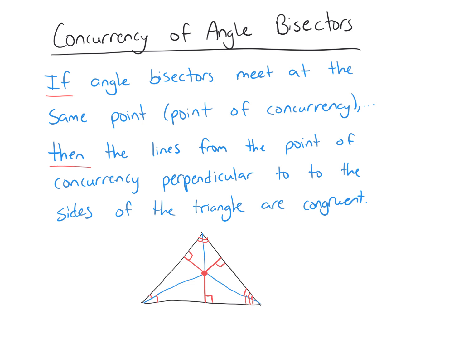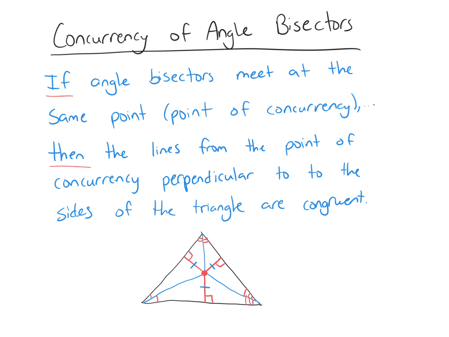So it says, then the lines from the point of concurrency perpendicular to the sides of the triangle are congruent. So what can we assume about those three lines? They're congruent to each other. Do you kind of see how this theorem, concurrency of angle bisectors, is similar to concurrency of perpendicular bisectors?